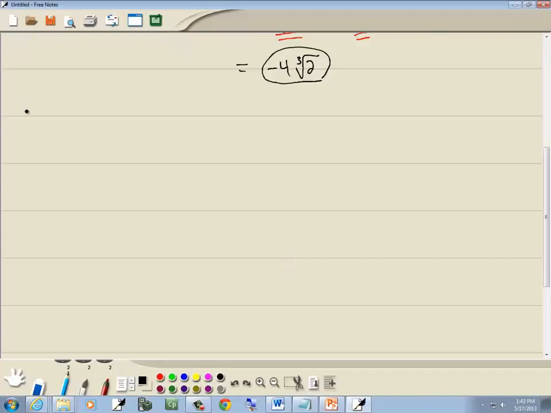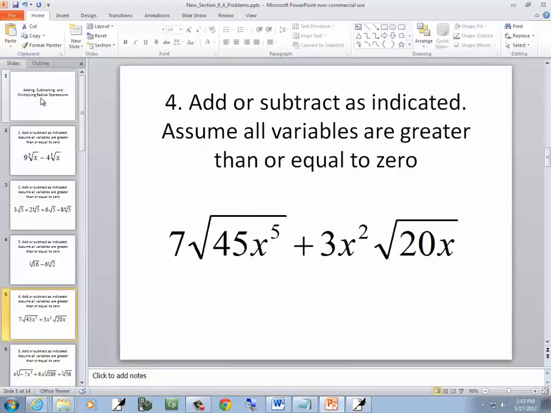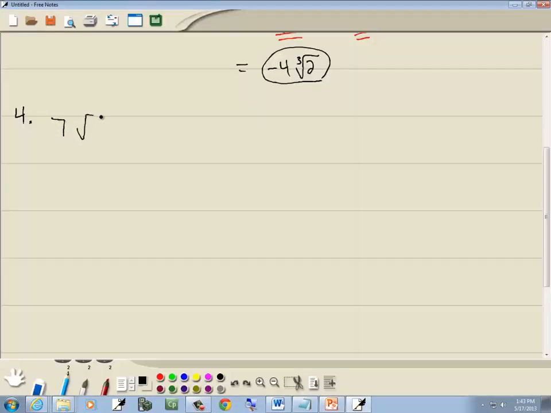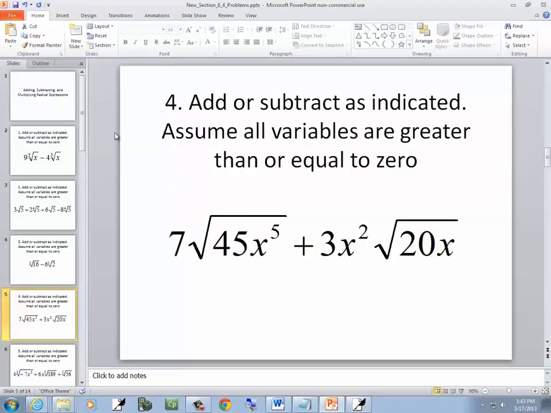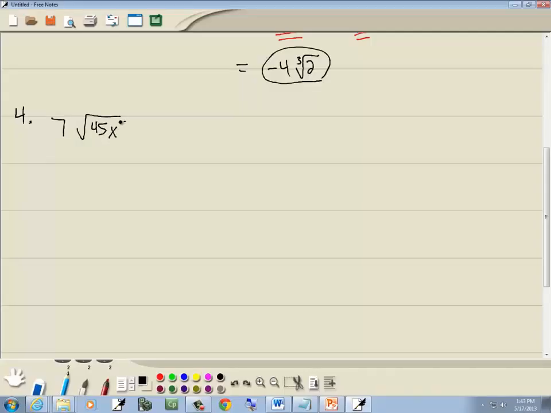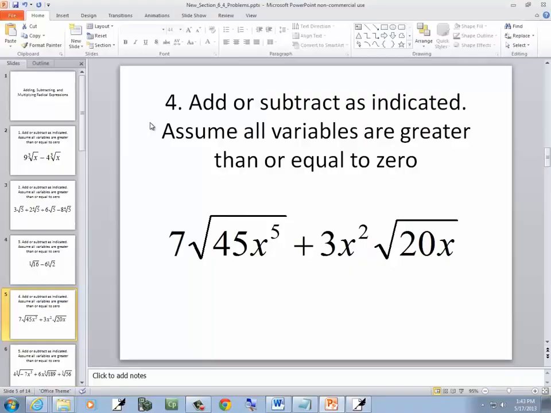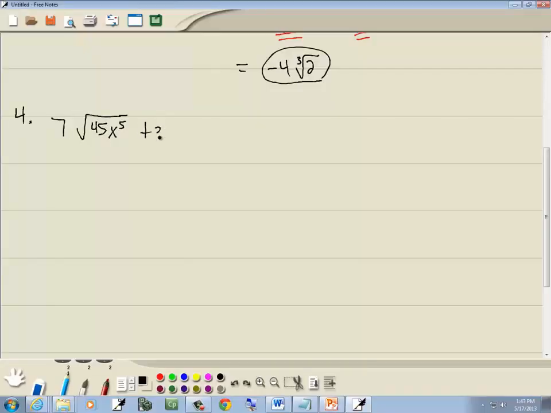Let's take a look at this one. 7 square root of 45 x to the 5th plus 3x squared square root of 20x.